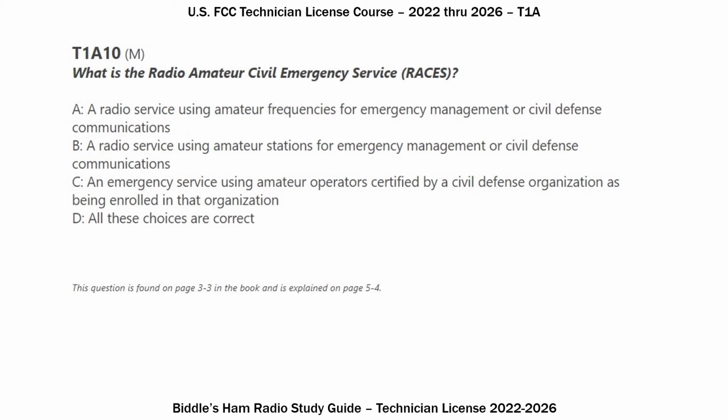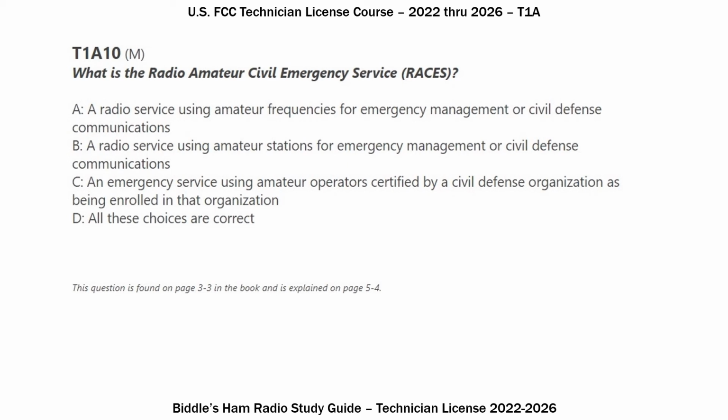T1A10. What is the Radio Amateur Civil Emergency Service, or RACES? A, a radio service using amateur frequencies for emergency management or civil defense communications. B, a radio service using amateur stations for emergency management or civil defense communications.